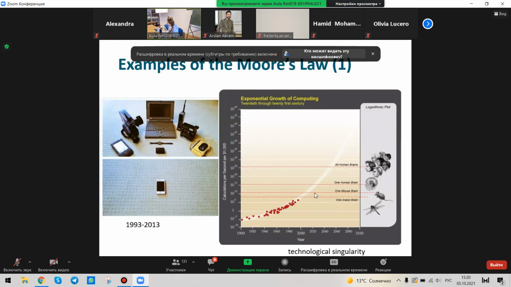The singularity is the point in which we will have this change in the relationship between technology and humans, and having a sort of substitution between what technology is able to process and what a human brain is able to process.